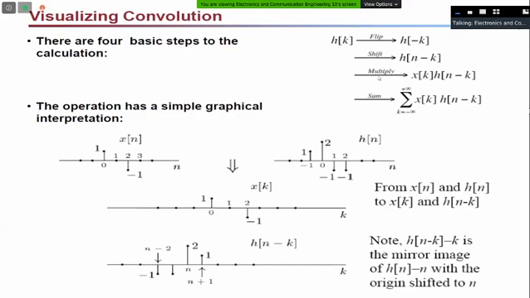Then the third operation is the multiply operation, where you multiply the shifted and flipped sequence h with x[k]. And the last operation is the sum operation, where you sum it for all values of n.